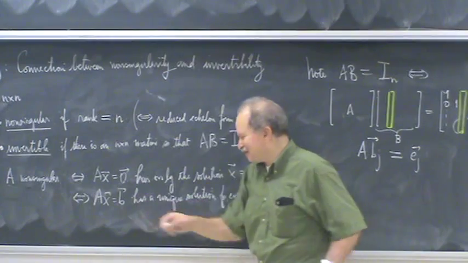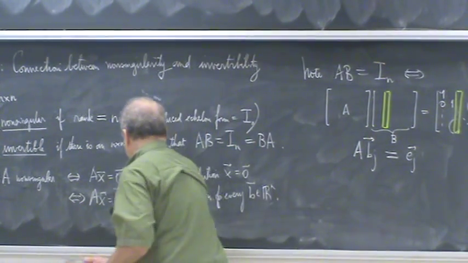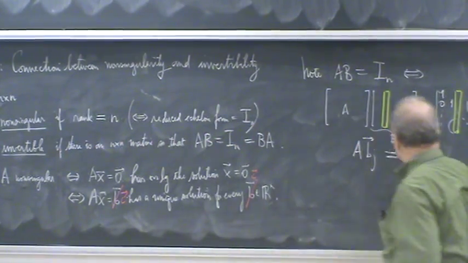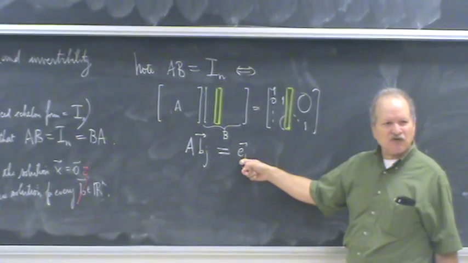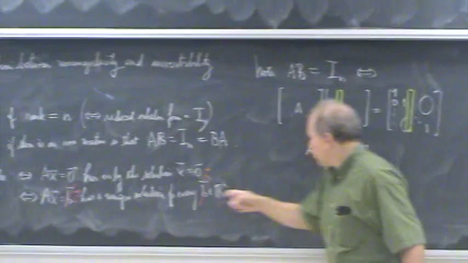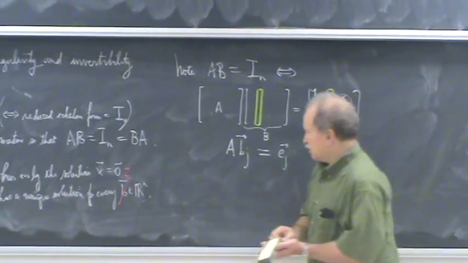Here's a different letter, and here's your C, here's your vector in R^n. And we're saying there's a unique vector B_j that solves this equation when A is non-singular.